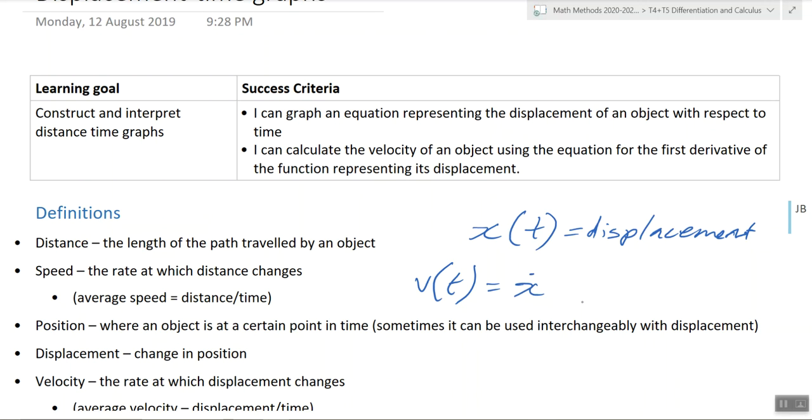Yeah? And then you could also write the acceleration is what in terms of x? What notation could we put for acceleration? If velocity is x dot, acceleration would be x double dot.